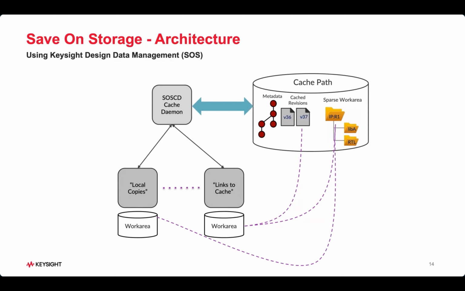While some work areas are having a links to cache model, the IPs that are getting reused in the projects are still symbolically linked, but at the directory level. And if there was a new release of the IP, the link would be updated to the R2 release of that IP. We can go a lot more detailed into this, but you can get the idea that you're taking advantage of symbolic links to help reduce that project footprint on the disk side.